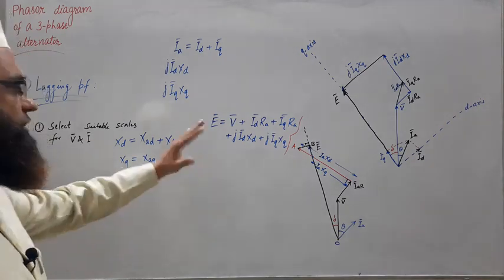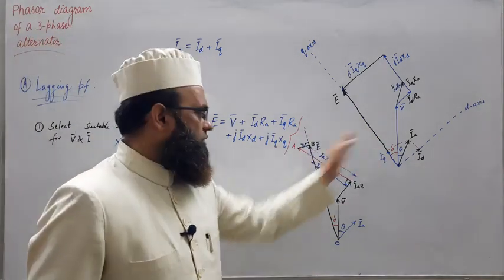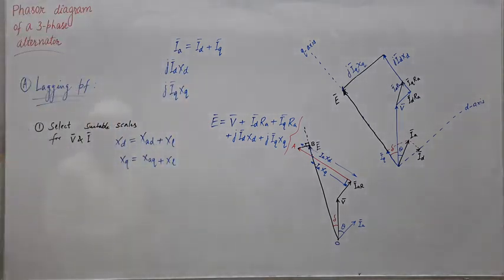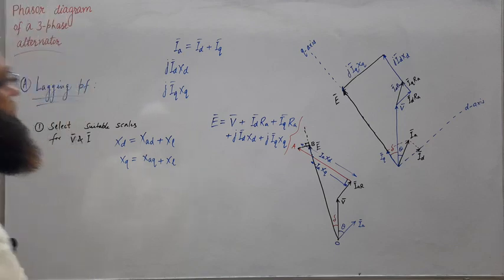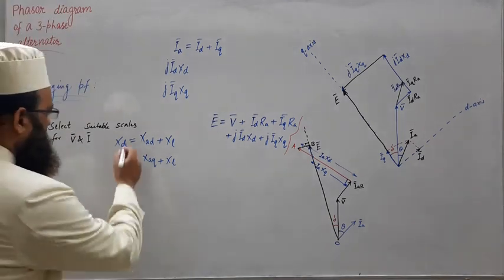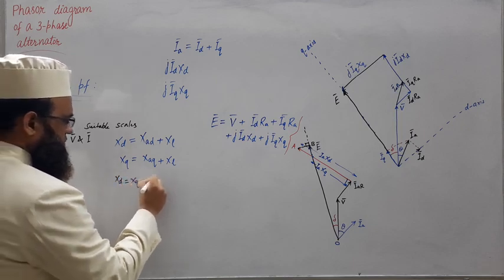For this alternator we can draw, if delta is known, then directly we can draw it like this. If not known, then we can draw like this. Now next, come to the cylindrical rotor machine. So in cylindrical rotor machine we know that XD is equal to XQ is equal to XS.